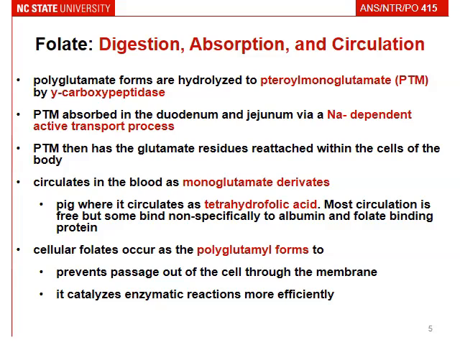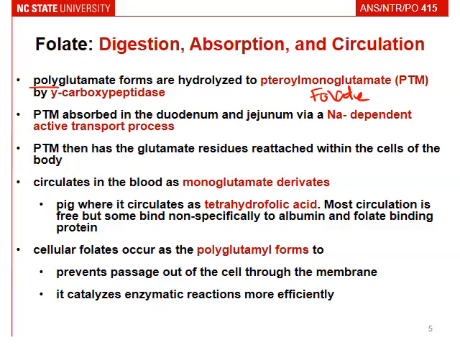Now, when we go to absorb our folate, we do have different forms. We have these polyglutamate forms, poly meaning that it has more than one glutamate, so there are multiple glutamates. When those are in the intestine, we hydrolyze them to the monoglutamate form, which is our folate.